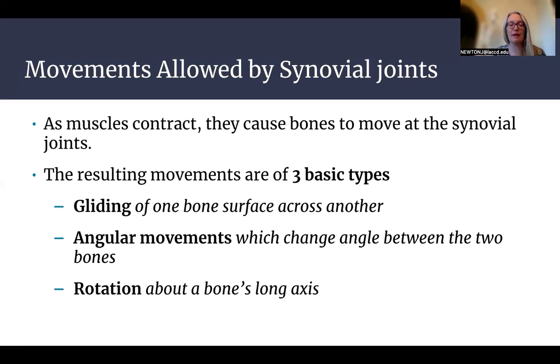We also have angular movements, which change the angle between two bones. You can see that in your wrist. When you're making that movement, we're changing the angle between these bones here. And we can also do rotations that occur around a bone's long axis.